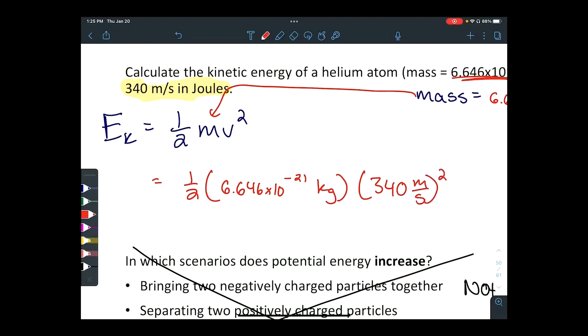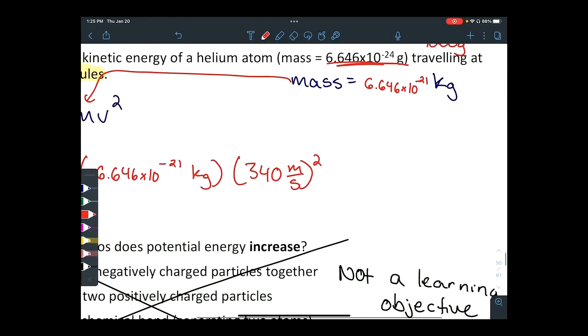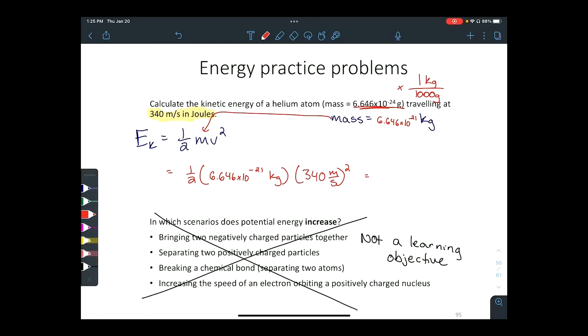So 340 squared times 6.646 e to the negative 21 divided by 2 equals the kinetic energy of a helium atom, 3.8 times 10 to the negative 16 joules.